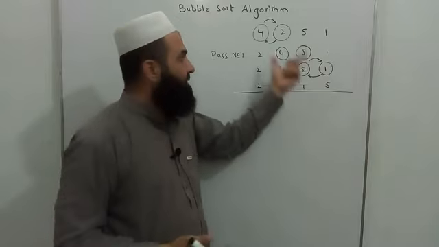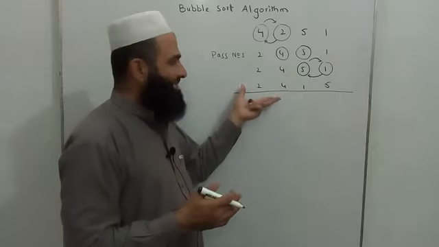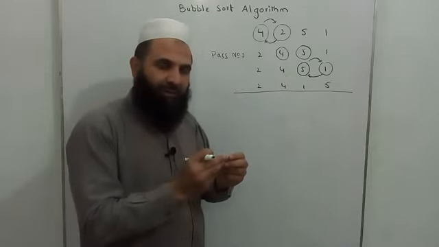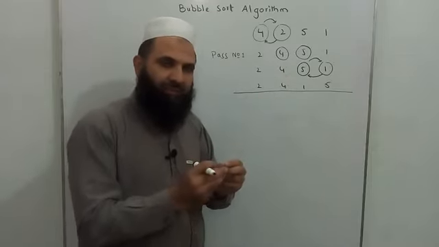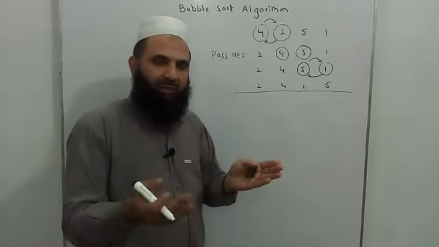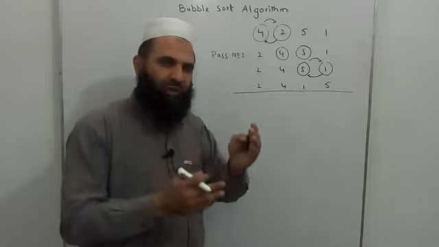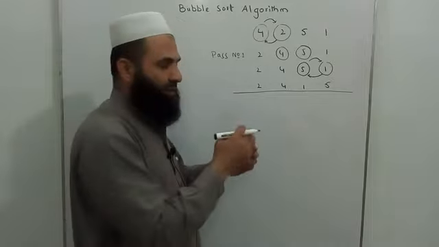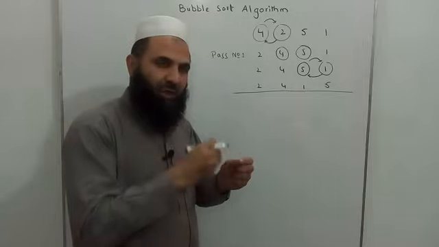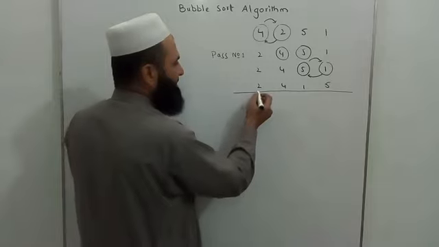That's why the algorithm is named bubble sort, because we compare each two consecutive numbers, a number with the next number in the sequence, and if the number is greater than the next number, then we swap the two numbers, and in this way the largest element moves to the last position. Now we begin with the second pass.